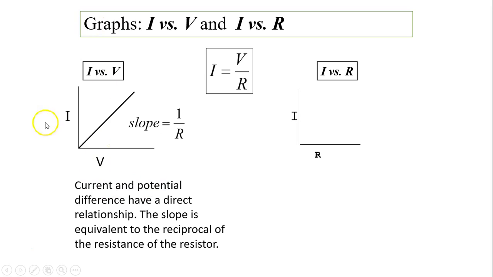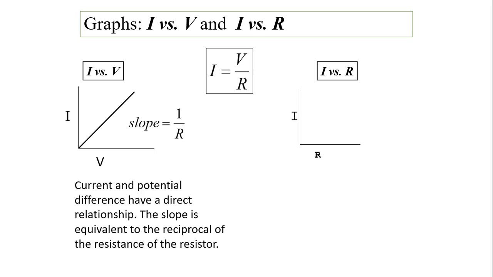If in the y direction is elongation x, and in the x direction is the force, the slope is 1 over k. It's the same idea. If in the y direction, vertical is current and horizontal is voltage, the slope is 1 over R.